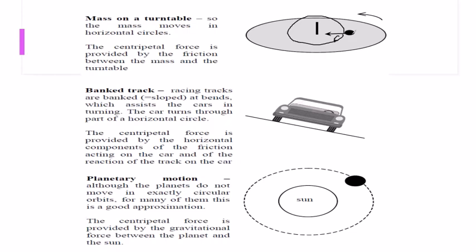If friction is not sufficient, the object will leave the track. So the mass moves on a horizontal surface, and the centripetal force is provided by the friction of the surface. Is this example clear?